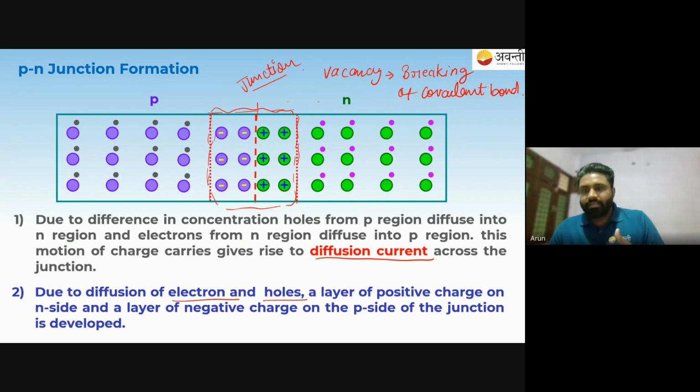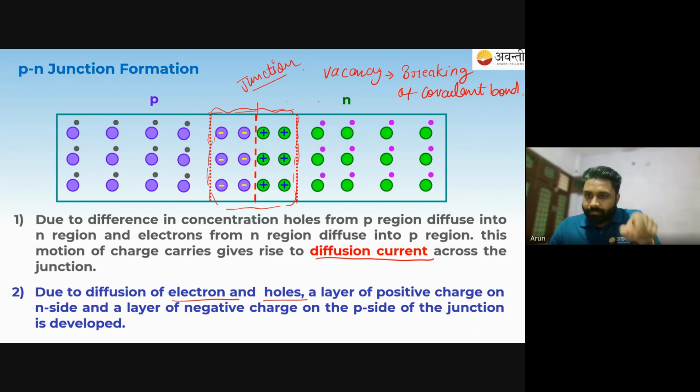They will further restrict the motion of electrons from n side to p side, and the motion of holes from p side to n side, because it is very tough for an electron to jump by its energy. Okay. Initially, we have not connected a battery, so only the electronic movement inside the material is taking place, with whatever energy they have for that.